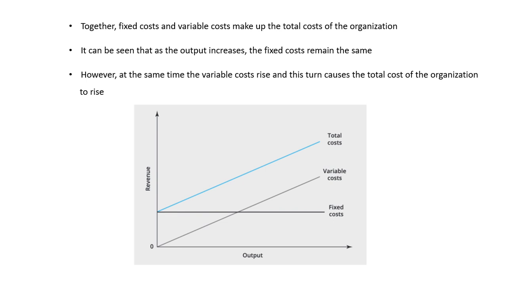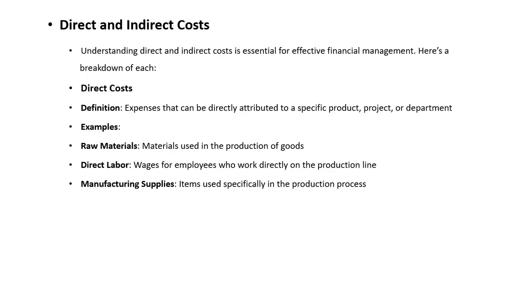Together, fixed costs and variable costs make up the total costs of the organization. It can be seen that as the output increases, the fixed costs remain the same. However, at the same time, the variable costs rise, and this in turn causes the total cost of the organization to rise.